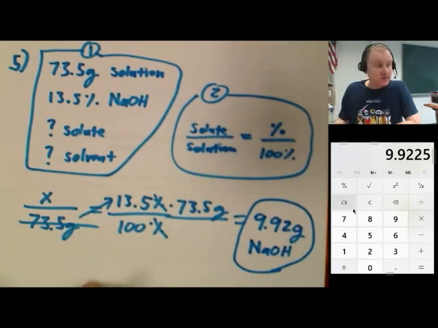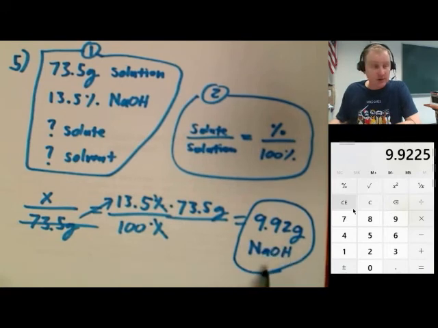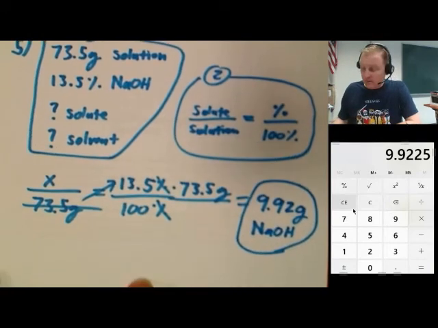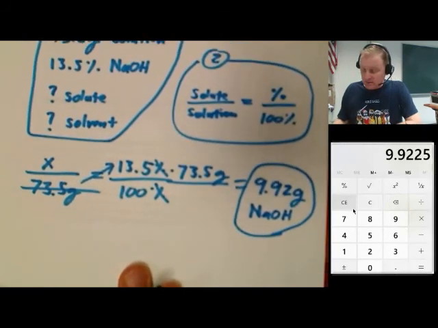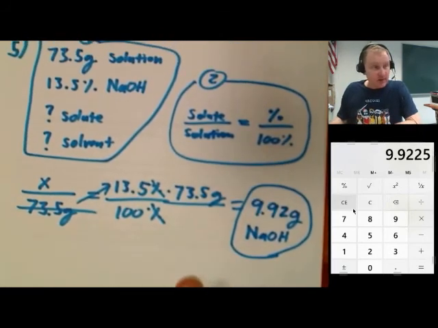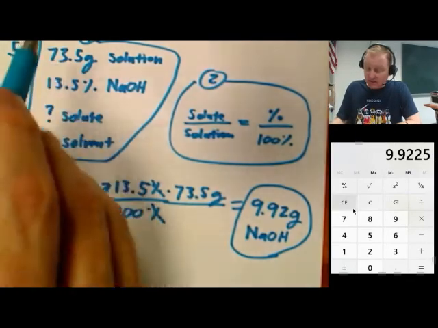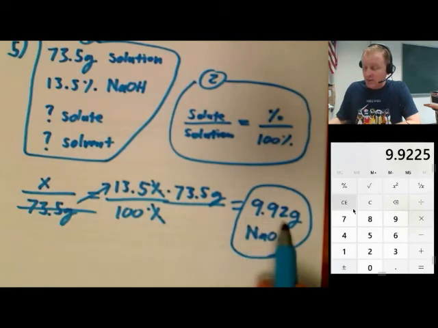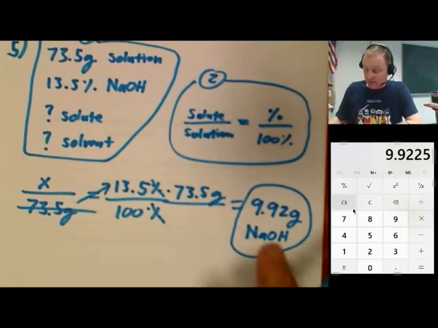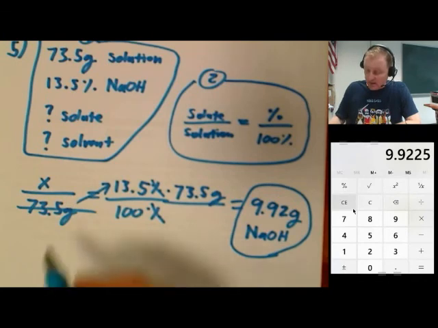So to make this solution, I would need to measure out 9.92 grams of sodium hydroxide. But what else do I need to do? Well, that part's not as difficult, but don't forget about it. If I want my solution to be 73.5 grams of solution, and I know 9.92 grams of it is sodium hydroxide, then what you would do is get this much sodium hydroxide and the difference here.